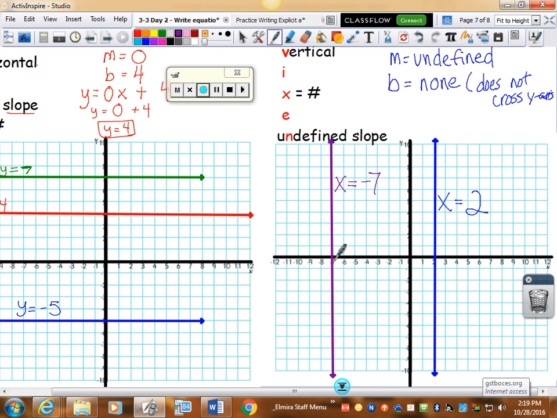So if you see that on your homework, that's what you would write for the equation: x equals whatever the number is. For the M, you'd write undefined or no slope. For B, you would write none. It doesn't cross the y-axis. You don't have to write out the does not cross the y-axis part, but you have to write none.